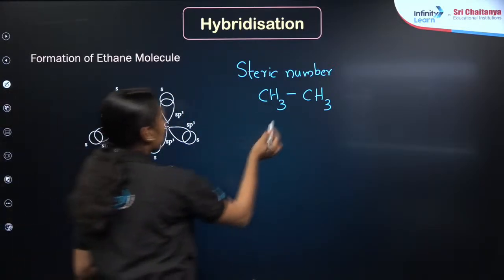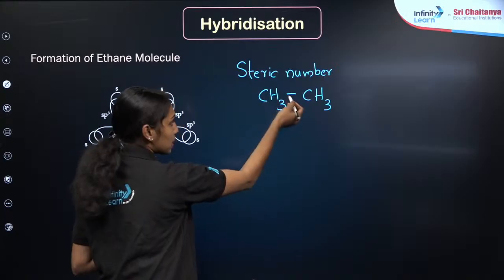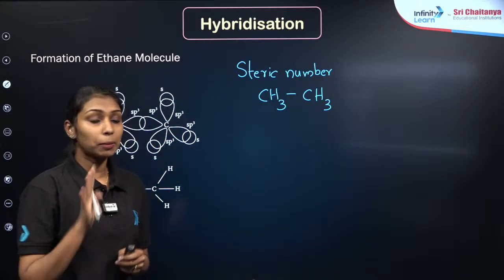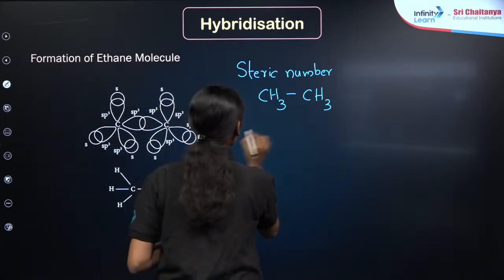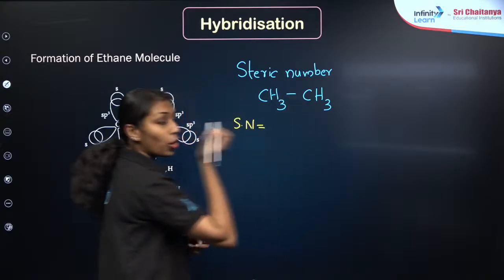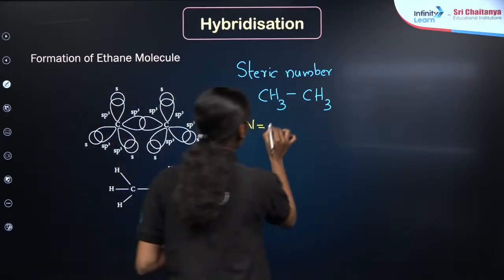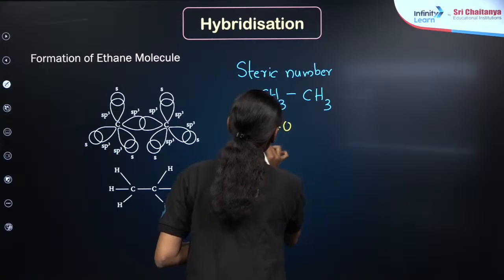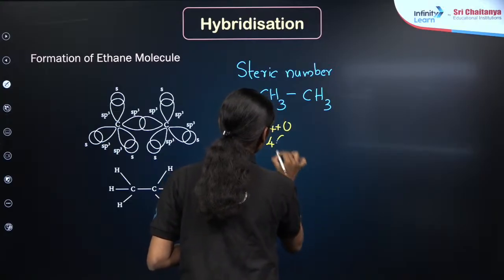Here, 3 hydrogen plus 1 carbon, completely 4 sigma bonds are forming. So the steric number of this particular carbon atom is 4. There is no lone pair, so 4 plus 0 is equal to 4, which means it belongs to which hybridization?